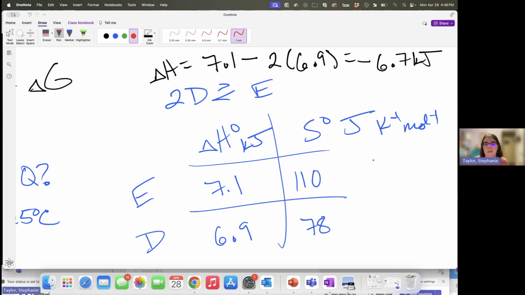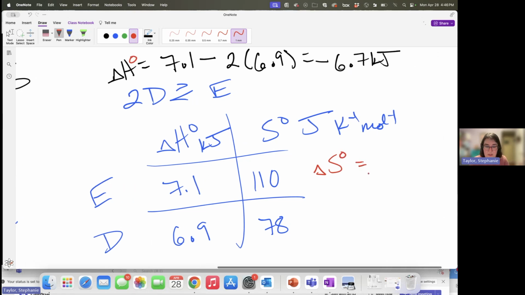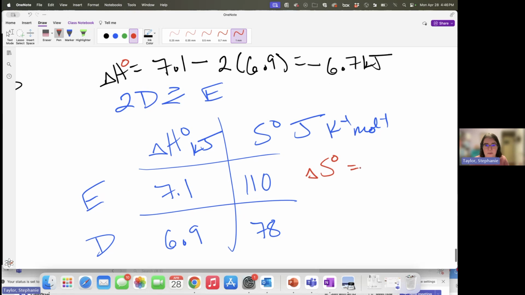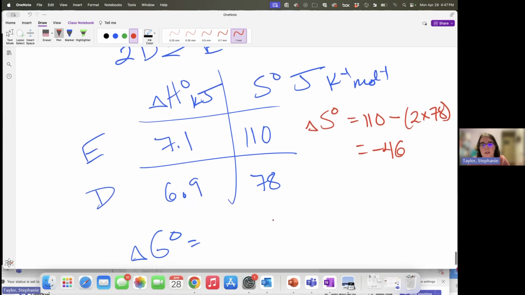And then I can solve for my value of delta S. This is technically standard states, same general idea: 110 minus 2 times 78, negative 46. We're still assuming 25 degrees Celsius.